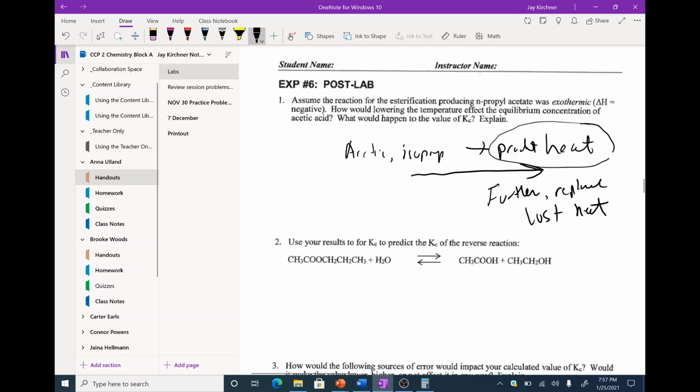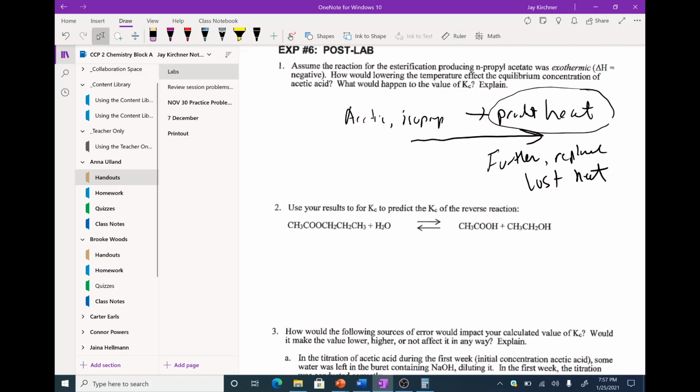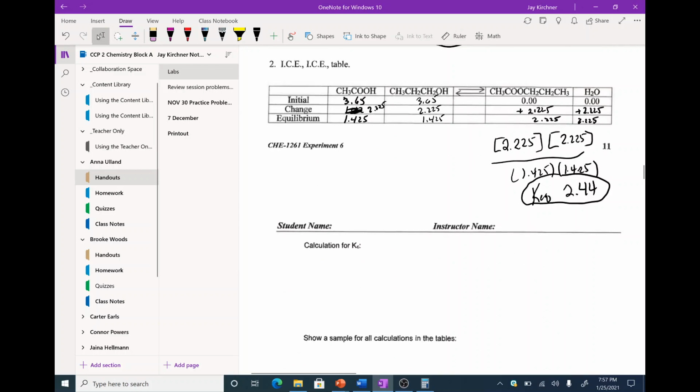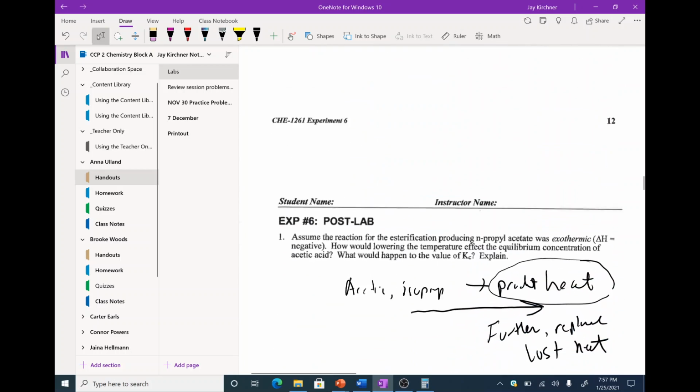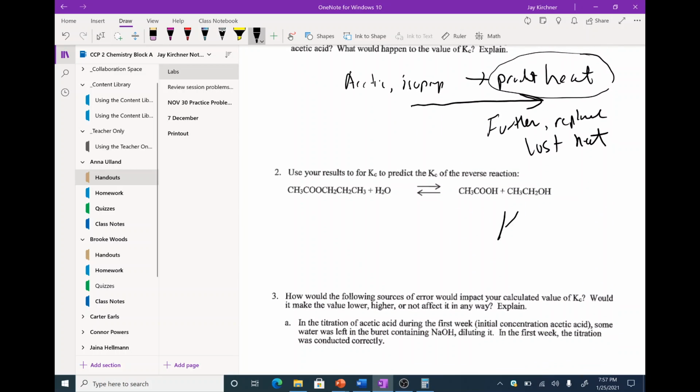Okay, use your results for KC to find the reverse reaction. Well, what was our number again? 2.44. So our KEQ was 2.44. You take the reciprocal, 1 over 2.44.